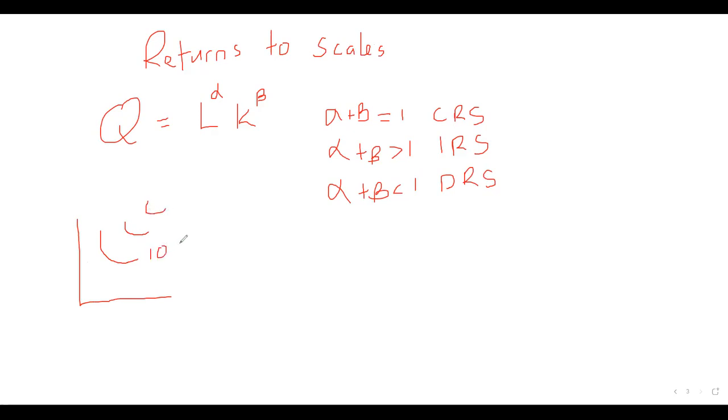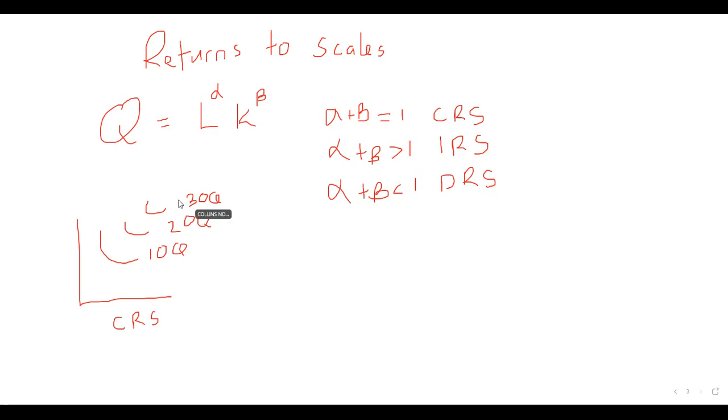We have 10Q, 20Q, and what? 30Q. What do you notice here? Production is increasing at a constant rate. So this is a constant returns to scale. We're increasing production at a very constant rate.